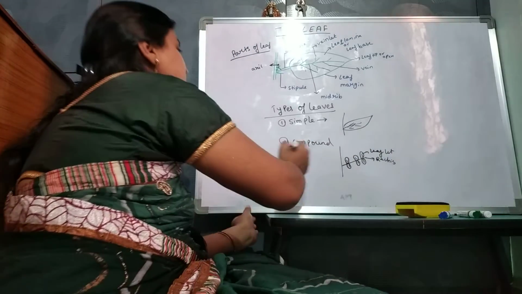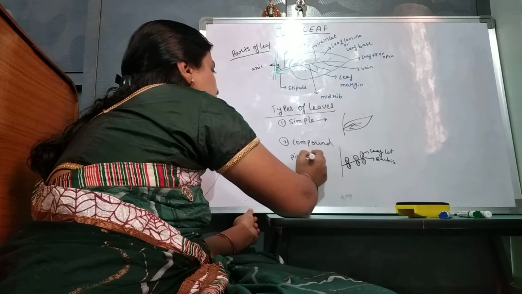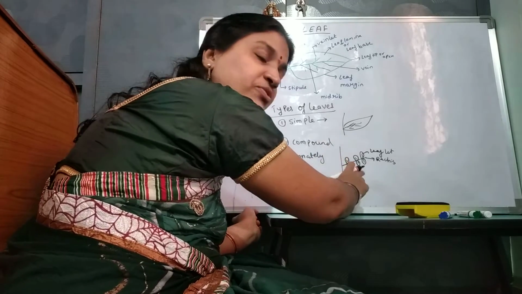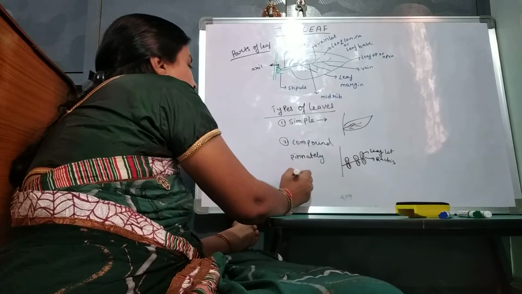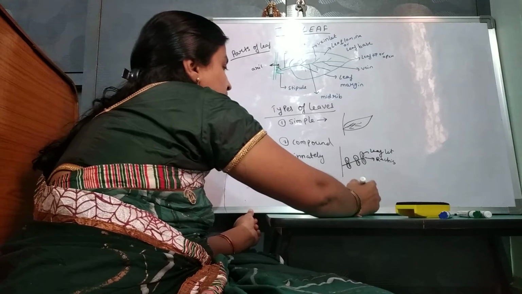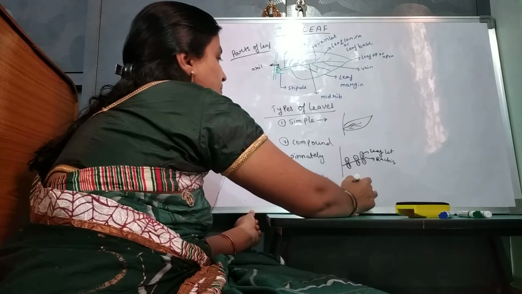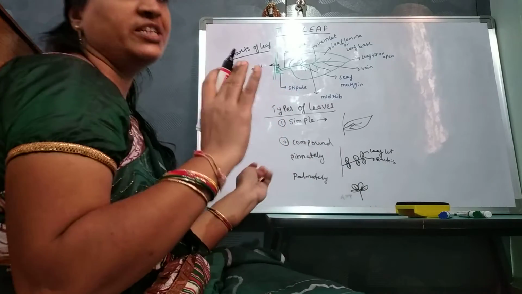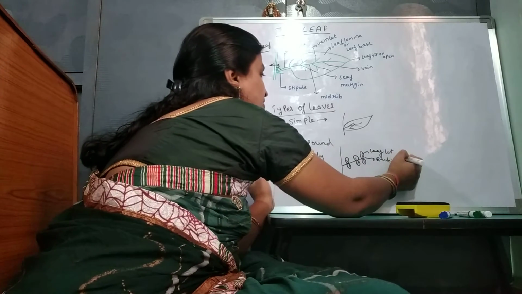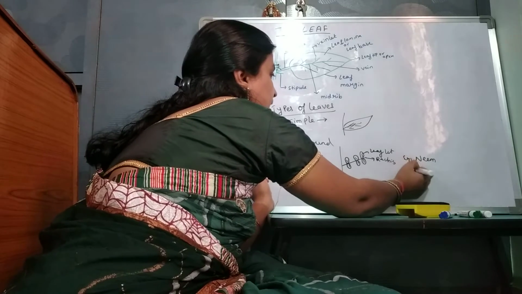This compound leaf is again divided into pinnately compound leaf, where the leaflets are arranged on either side of the rachis, and palmately compound leaf, where they are arranged like a palm on the tip of the petiole or rachis.